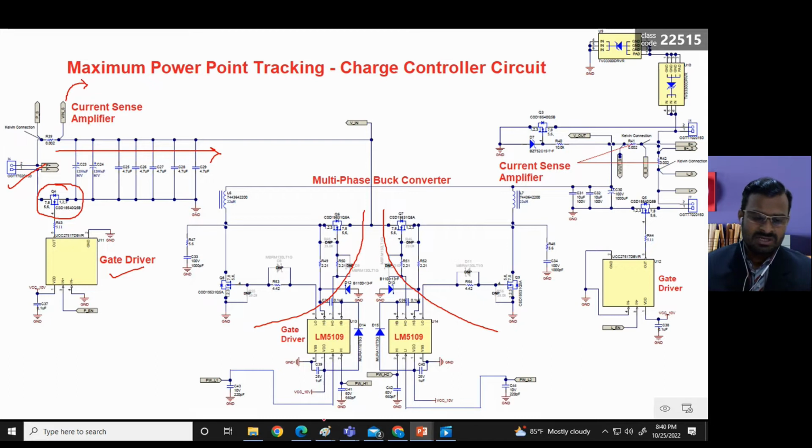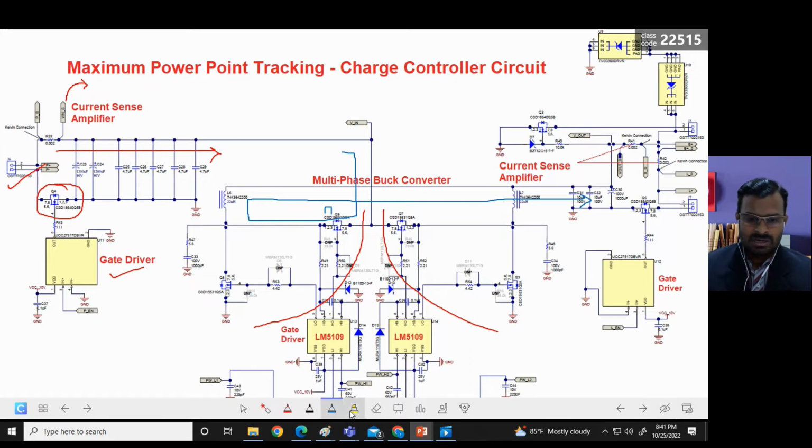Let us see how it functions. Say, for example, you have a positive gate here. When you give the positive pulse here, the current flows in this path like this. When a negative pulse is given to this MOSFET, the current flow would go through this path.